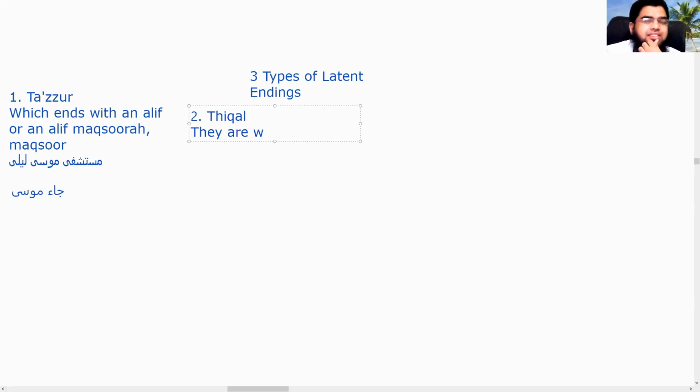Now, then there's siqal. Siqal is where it is difficult. Yad'u. Yad'u is not ta'adhur, it is siqal.